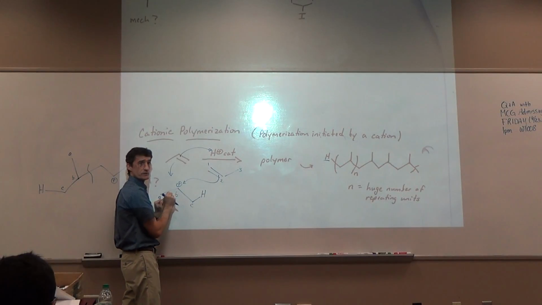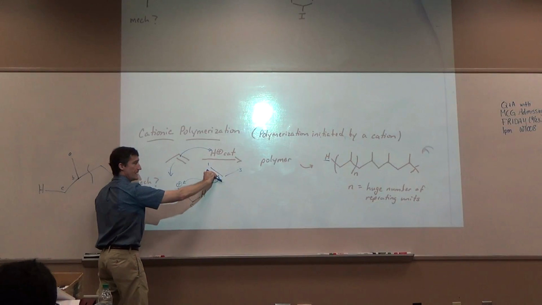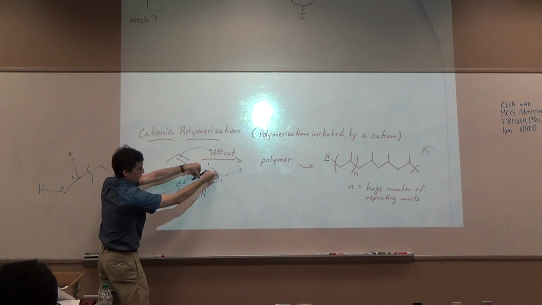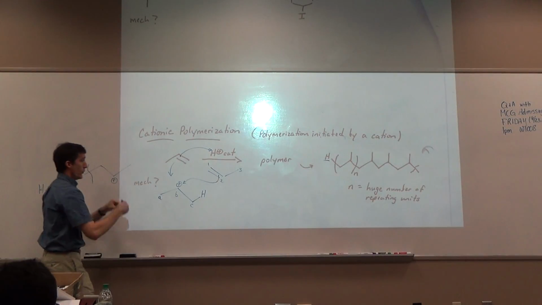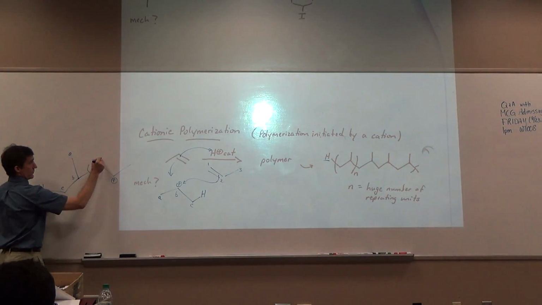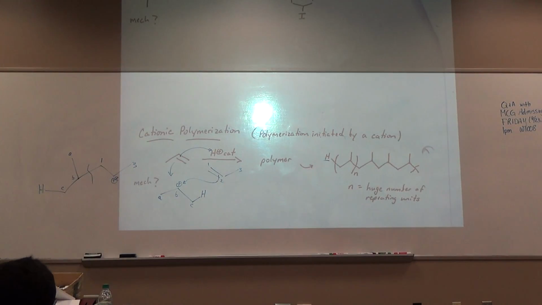Top or bottom? 1 or 2? 2 is the cation. See, this swings away and bonds. 1 is bonded to B, leaving 2 the cation. 1, 2, 3. 1 is bonded to B. And I indicated that with a little squiggly line. That's the bond we just made.